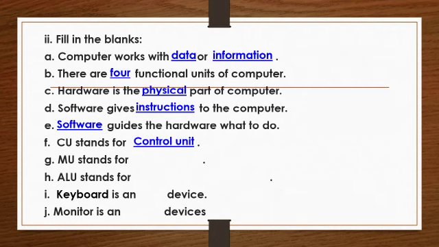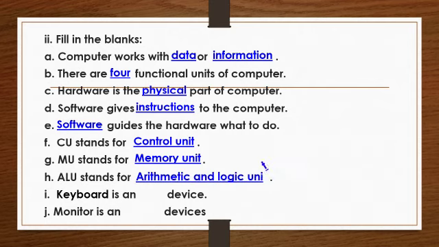G. MU stands for dash. Memory unit. H. ALU stands for arithmetic logic unit. I. Keyboard is an dash device. Answer is input. J. Monitor is an dash device. Answer is output. Now fill in the blanks is finished.